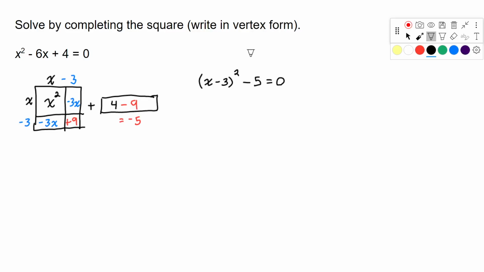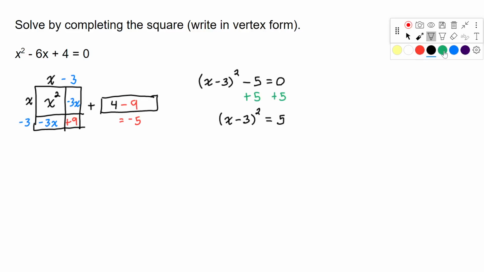What I'm going to do is isolate this squared factor. So the x minus 3 squared I want to get by itself, and in order to do that, I need to add 5 to each side of my equation. So that leaves me x minus 3 squared equals 5.